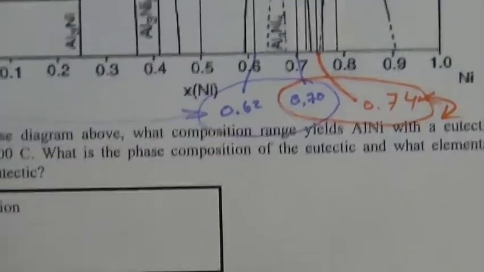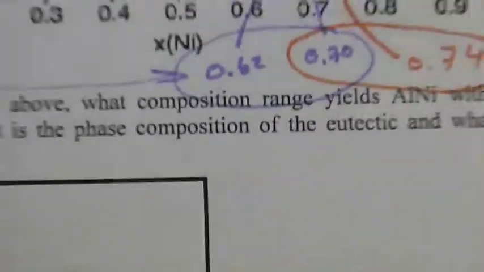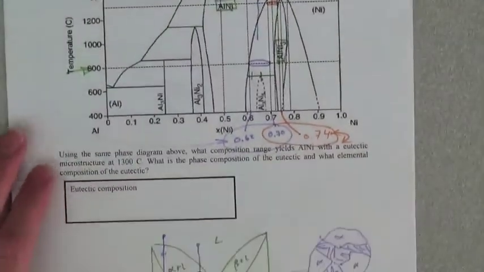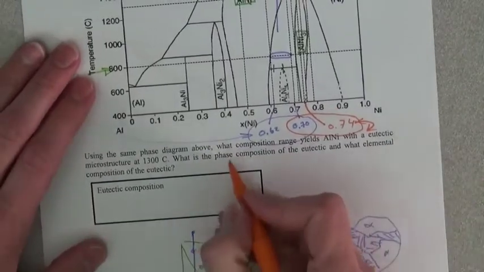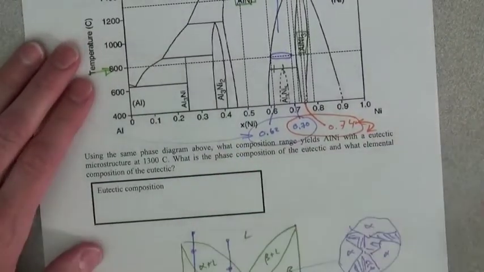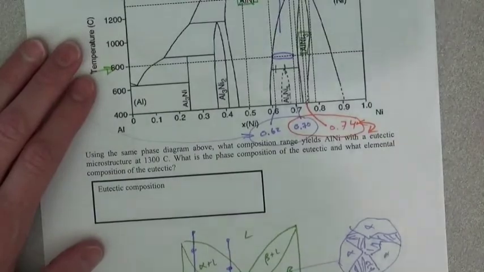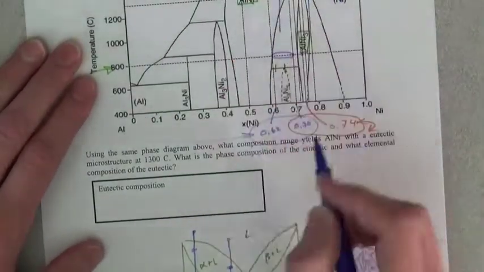The next question is about the phase composition of the eutectic and the elemental composition. I actually meant phase fraction, but even then, phase fraction is not something that you can get from this.